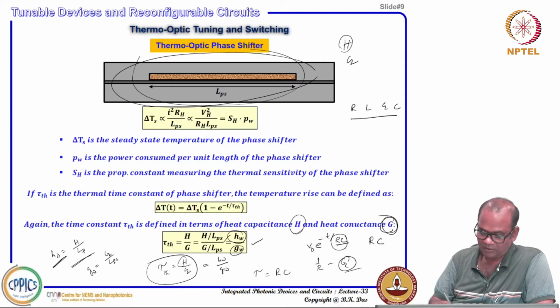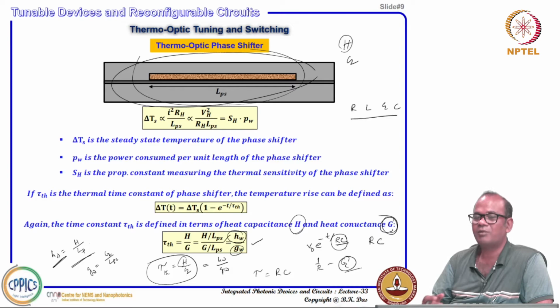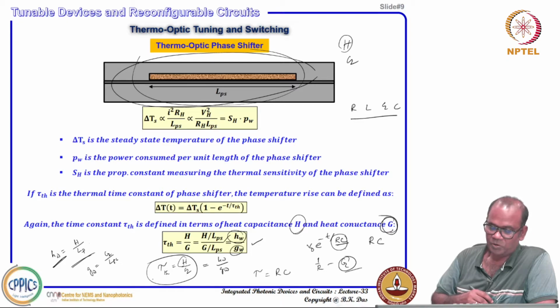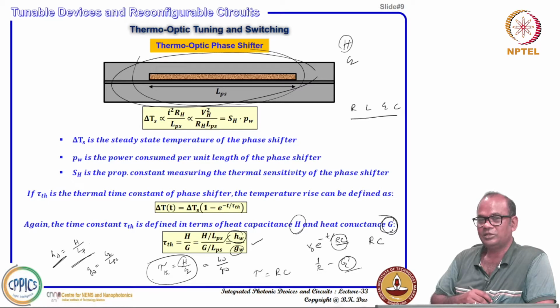So, if you can quantify HW and GW by experimental means or by a very good theoretical model, then you can predict the thermal constant, and that thermal constant is very important. It decides how fast you can heat it up and how fast you can cool it down.